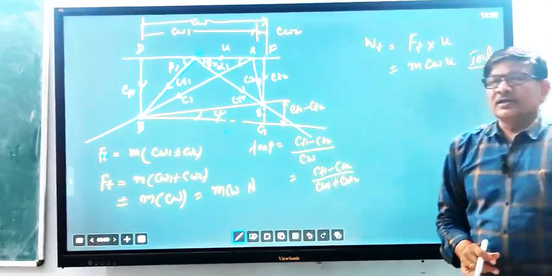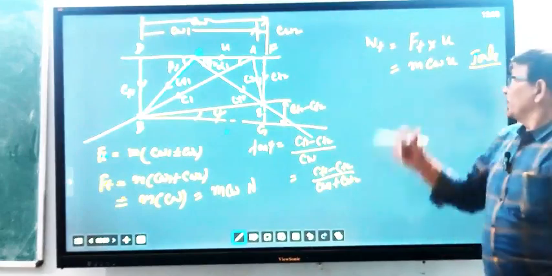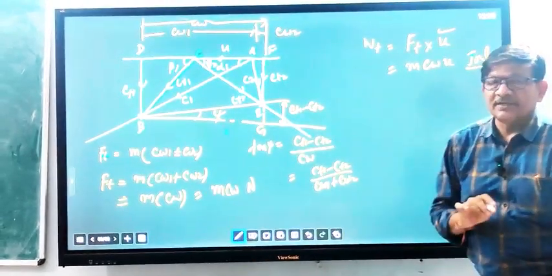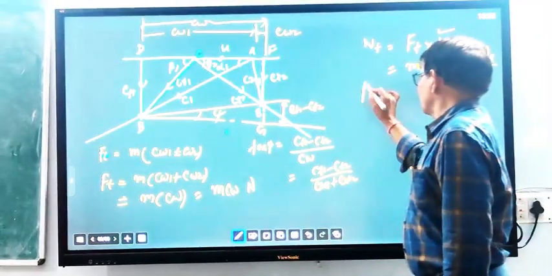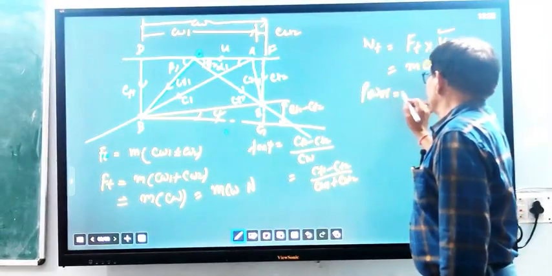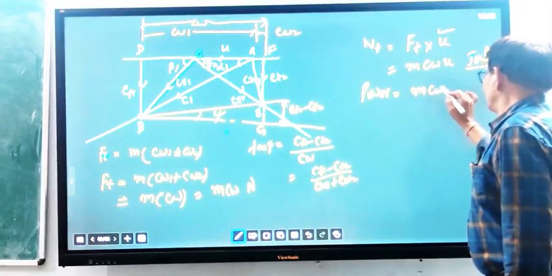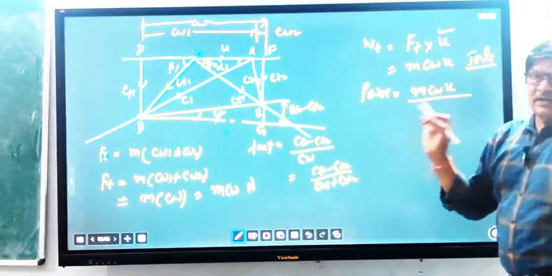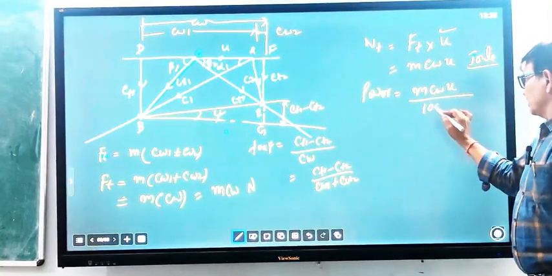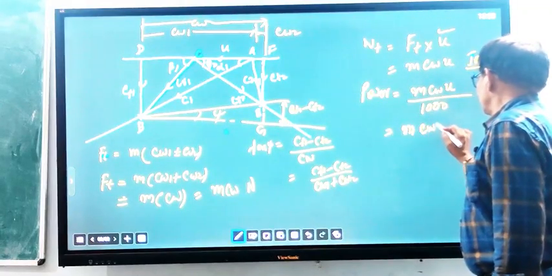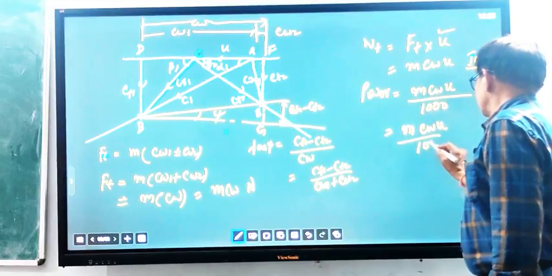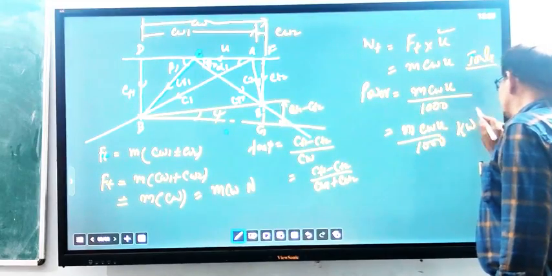Because this work done is per second, since U is in meter per second, work done per second is equal to power. So power can be calculated by M CW into U. If we want power in kilowatts, we divide by 1000, so M CW into U upon 1000 is the kilowatt power.